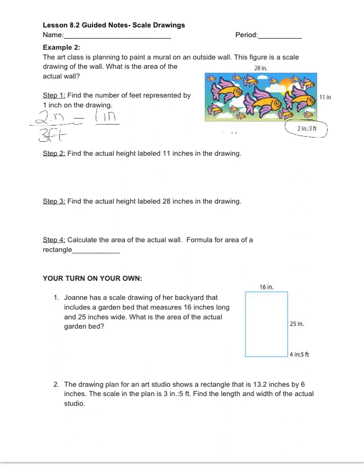So I can see that I'm going from 2 inches to 1 inch, so that's just dividing by 2. So I'm going to do the same thing with 3 feet. And 3 divided by 2, so half of 3, is 1.5 feet. So 1 inch in this drawing represents 1.5 feet in real life.